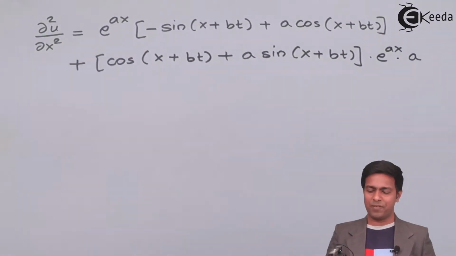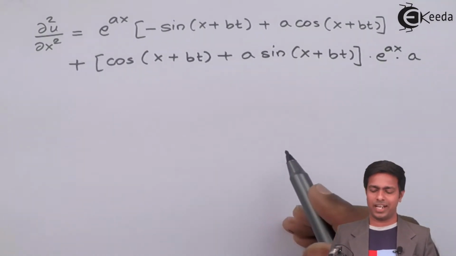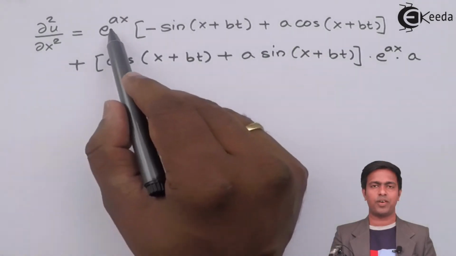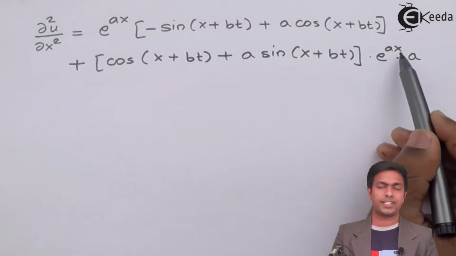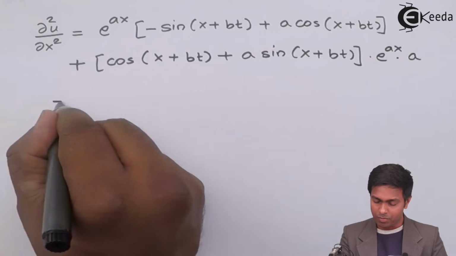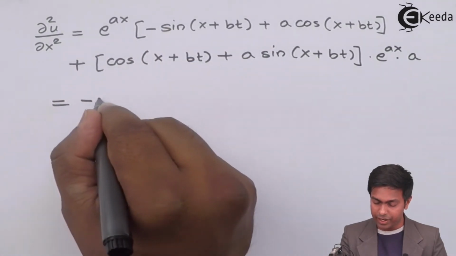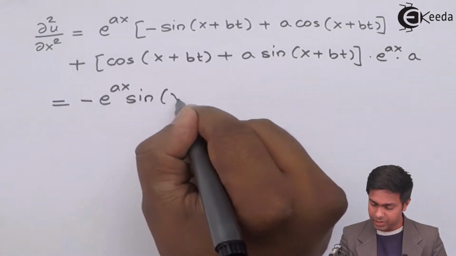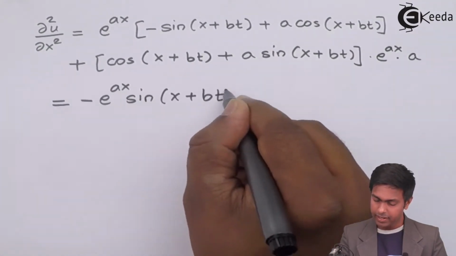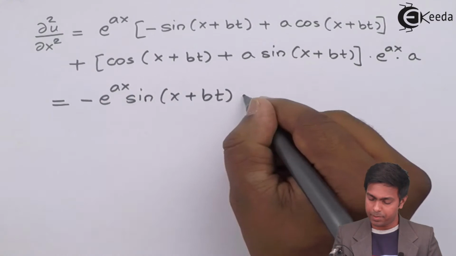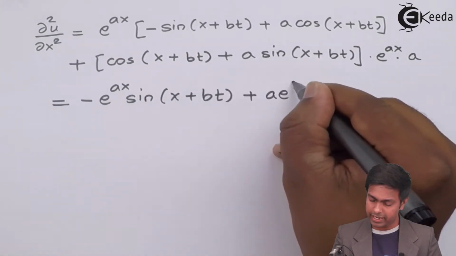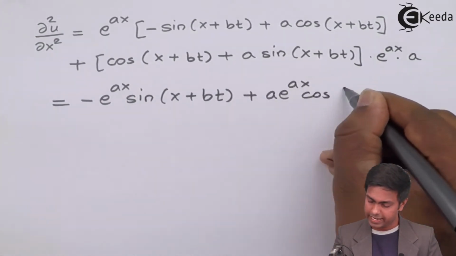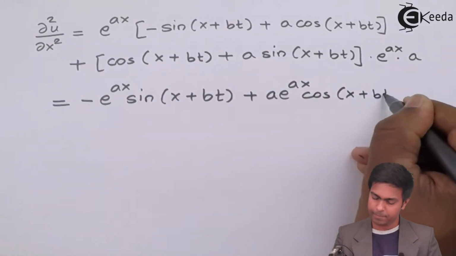Now guys, let's simplify this right hand side. For that I'll multiply these brackets with e to the power ax and here with e to the power ax into a. So we will get this as negative e to the power ax into sine of (x plus bt). This will be plus a e to the power ax cos of (x plus bt).